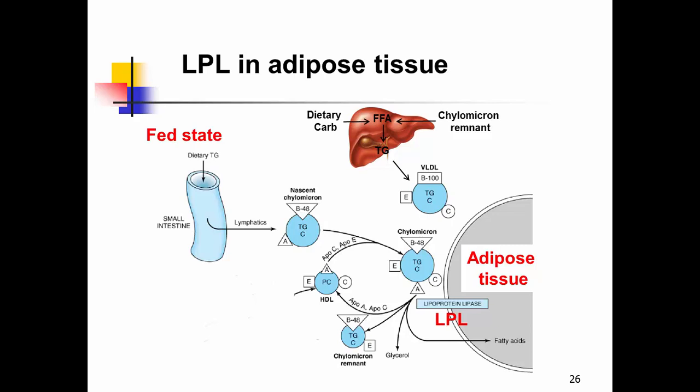Chylomicron is synthesized in the small intestine and packs triglyceride, initially from the diet, and carries it to the adipose tissue. So in the fed condition, adipose tissue LPL is increased.